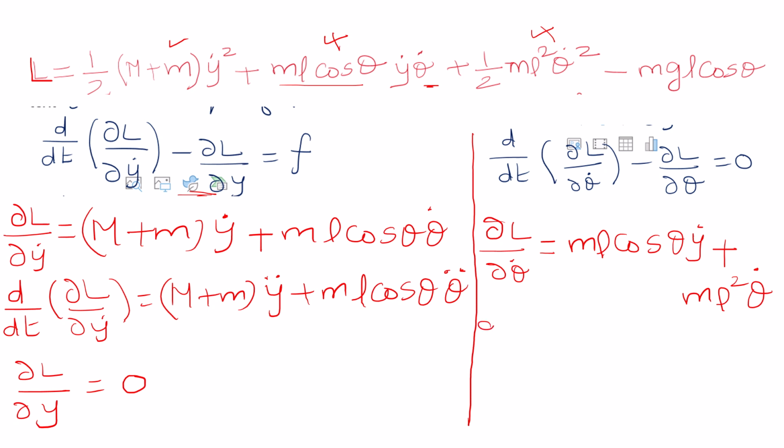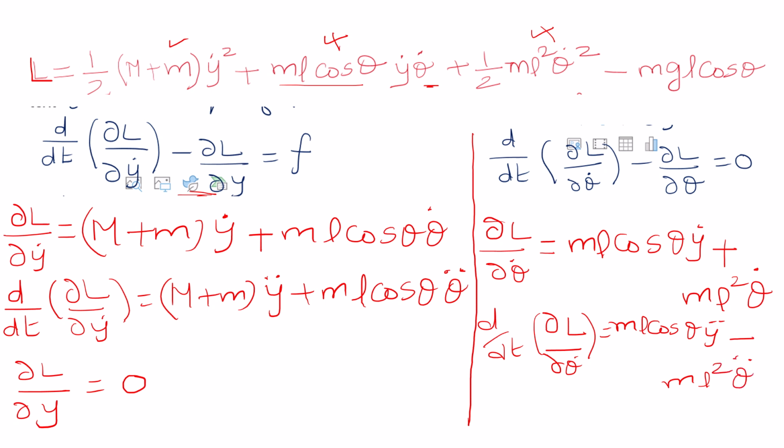So d by dt of dou L by dou theta dot will be equal to ml cos theta y double dot plus ml squared theta double dot. So this will be d by dt of dou L by dou theta dot.